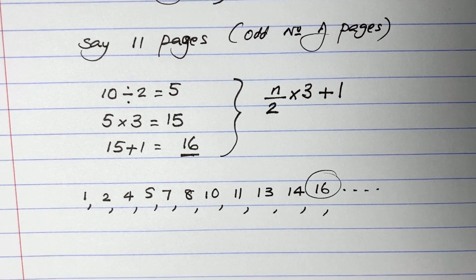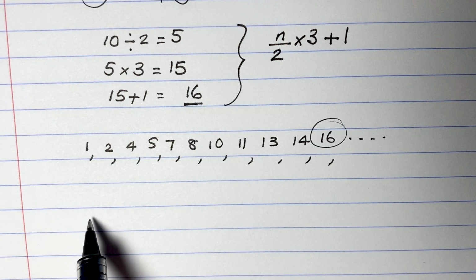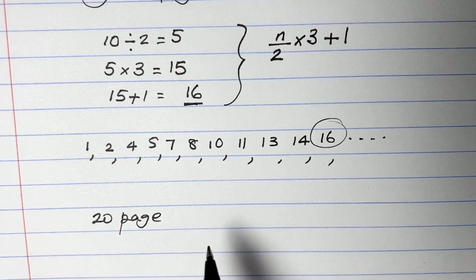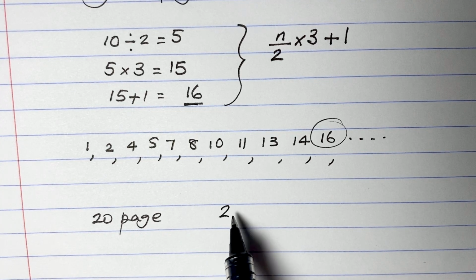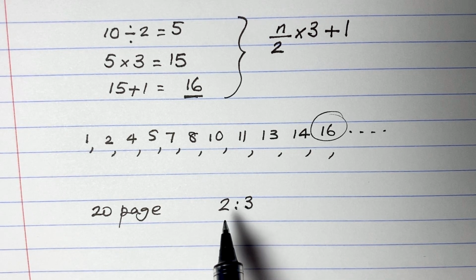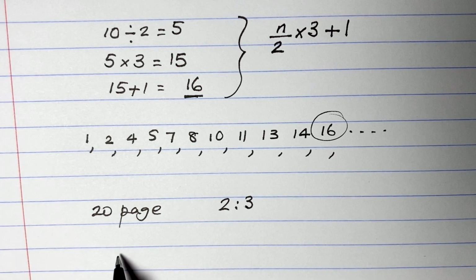So let's have some examples. If we had 20 pages, and again the ratio is 2 to 3, I want to know the number on the 20th page by missing every third number. So my n is 20.